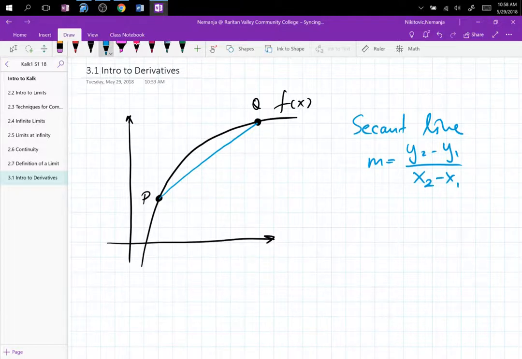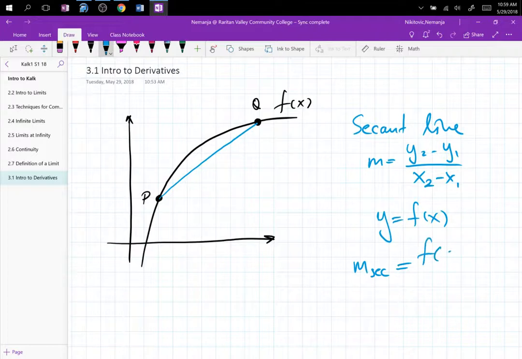And then we also have the idea from pre-calculus that y is equal to f of x, where y is the output value from the input x. So now I can actually get this m secant as f of x2 minus f of x1 over x2 minus x1. This is just rewriting the same formula from before.